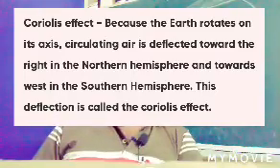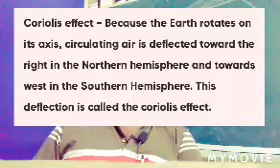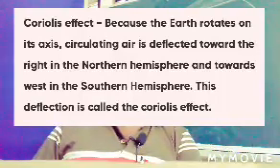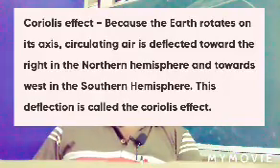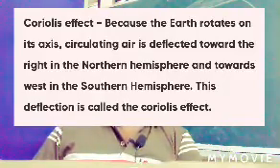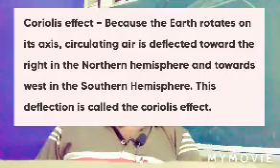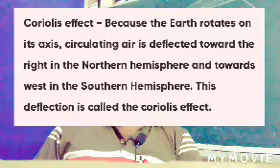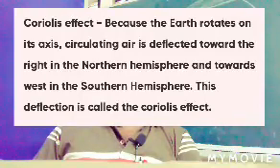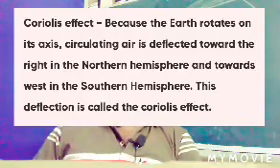But here, on the basis of the speed and other features and directions, the wind is classified into three. First one is called planetary winds. Second, seasonal winds. And third, local winds.